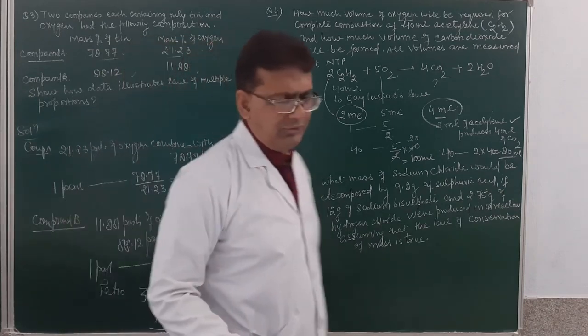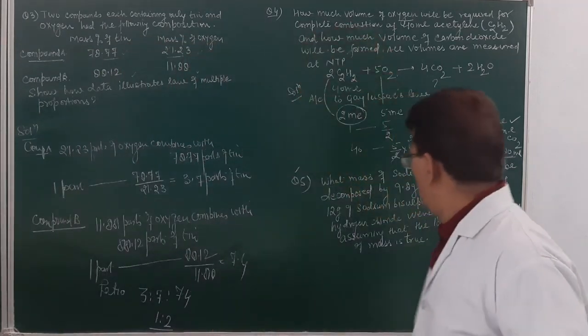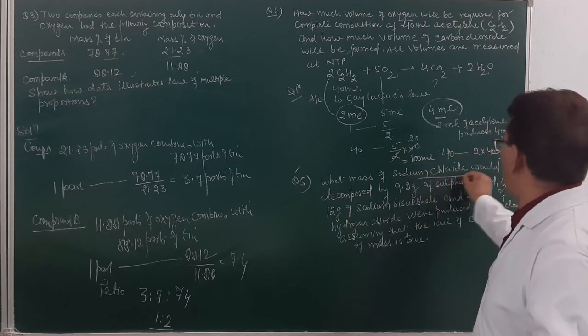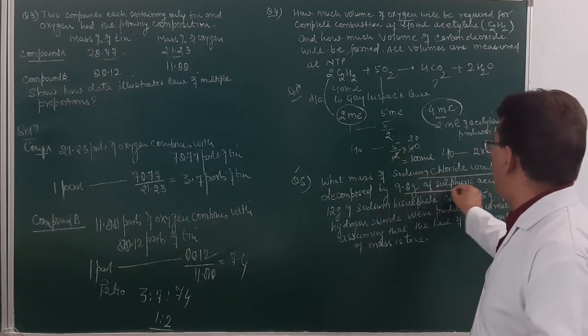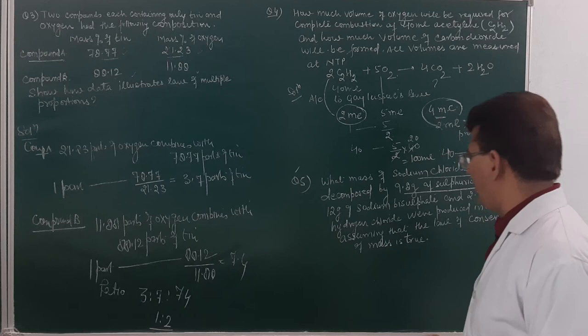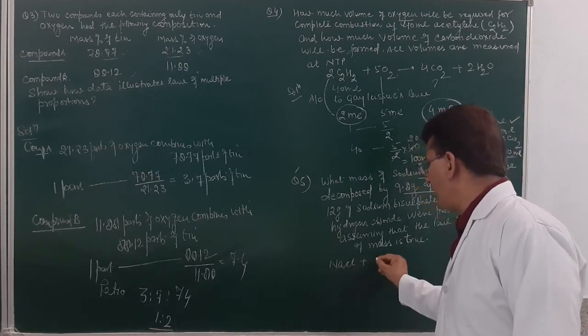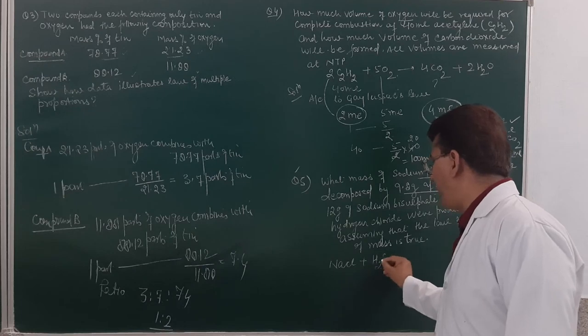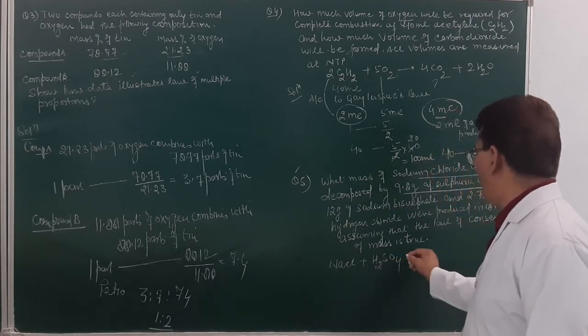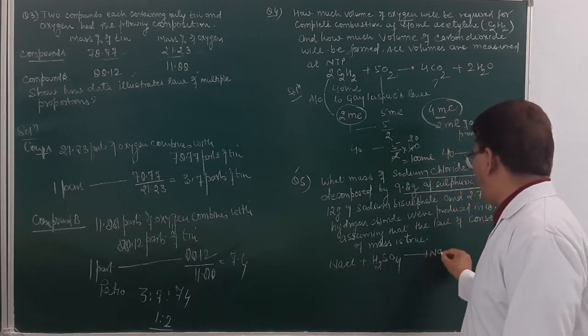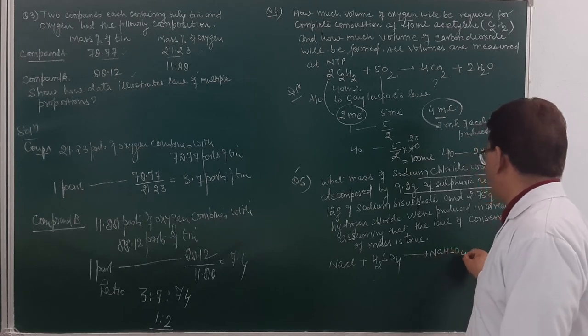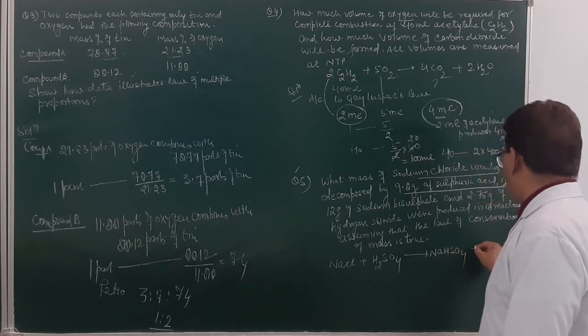Very easy. It is based on the law of conservation of mass. The question is, what mass of sodium chloride would be decomposed by 9.8 gram of sulfuric acid? So what do we have? We have sodium chloride reacting with sulfuric acid to produce sodium bisulfate, NaHSO4, and hydrogen chloride gas.